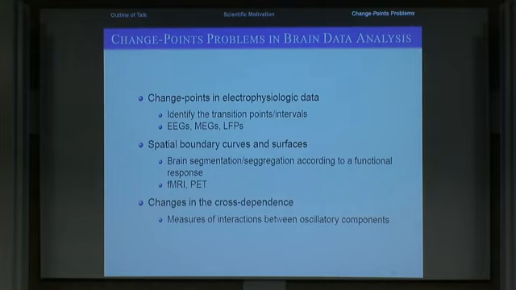Typically what's done there is they fit a generalized linear model to every voxel, and then they test for the coefficients that correspond to a particular stimulus, and then see whether that coefficient is different from the coefficient corresponding to the control. But it's a point-wise inference. Is this voxel activated? Yes or no. This one, yes or no, and so on.